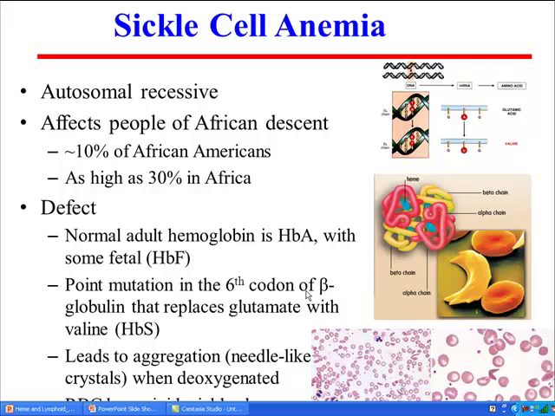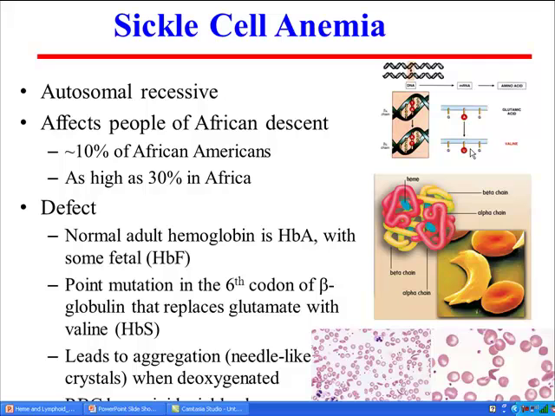Okay, sickle cell anemia. This is a disorder that we already talked about when we talked about genetic diseases, but since it is the most common familial hemolytic anemia in the world, I thought I'd discuss it again, and it's placed here in this lecture for completeness' sake. As you recall, in this disorder there is a point mutation in the 6th codon of the beta globin. So instead of glutamic acid being produced, valine is produced instead.